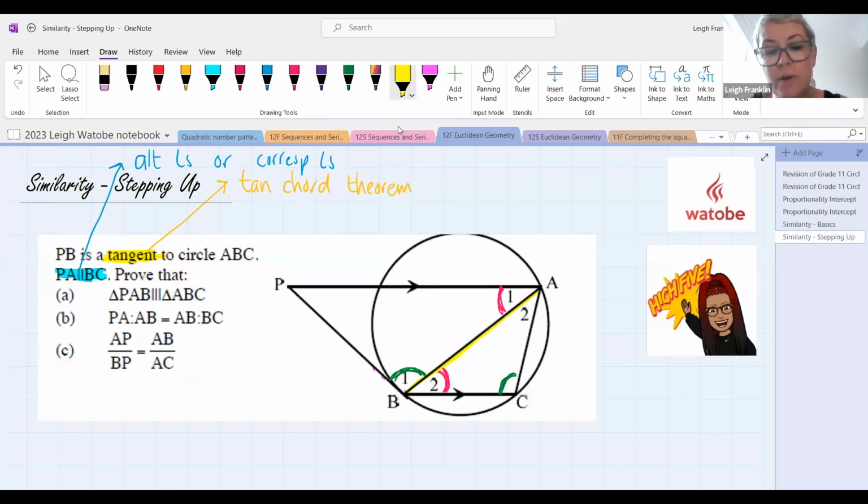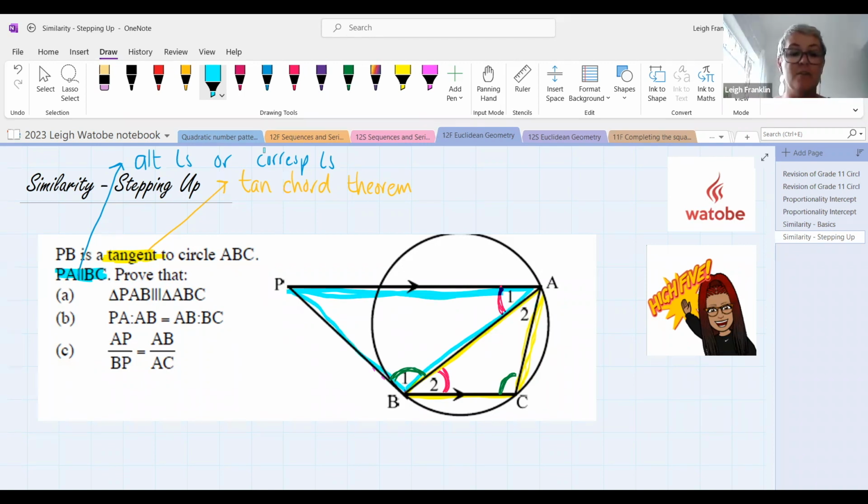Let's leave this one in yellow. Let's highlight this one in blue. There are our two triangles.